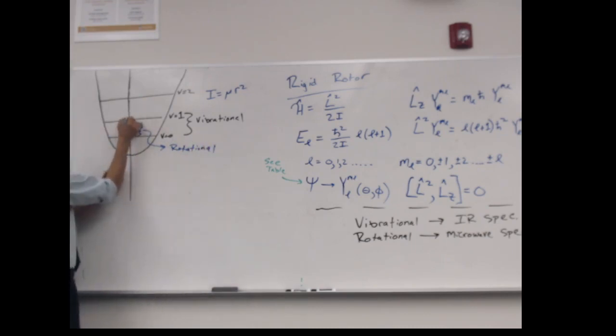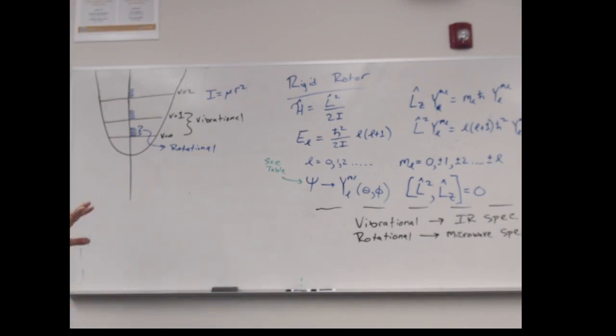And it turns out each of these, so at the V equals 0, the V equals 1, we've got this rotational aspect on top of it. When you get to lower and lower energies in your IR spectroscopy, it starts getting really messy because you start picking up these extra splittings.